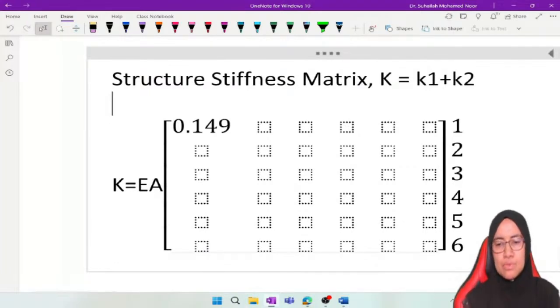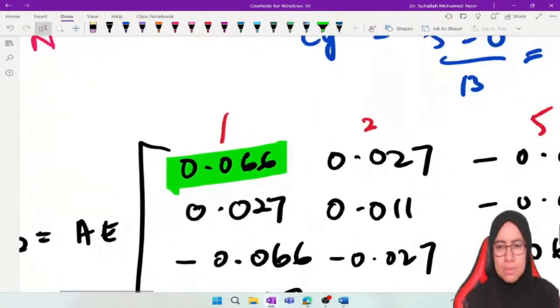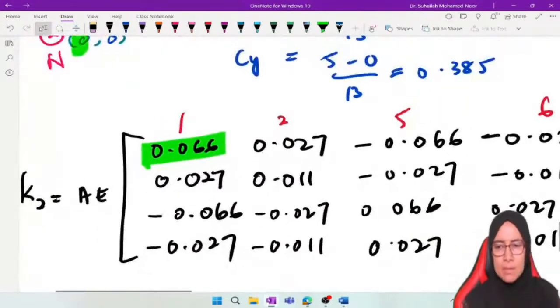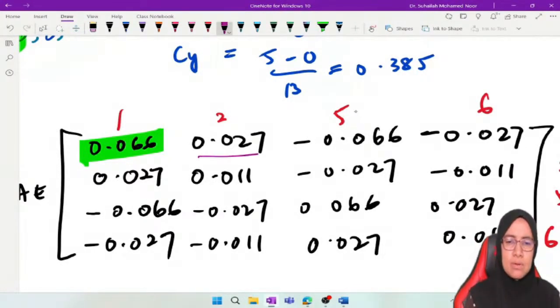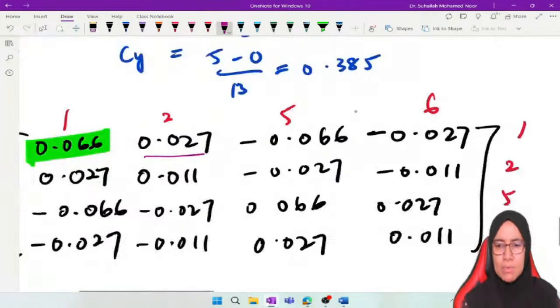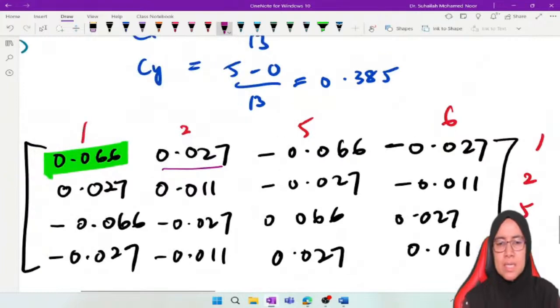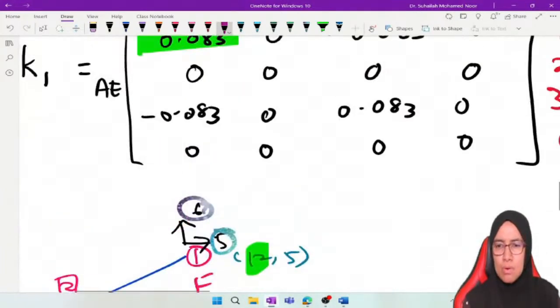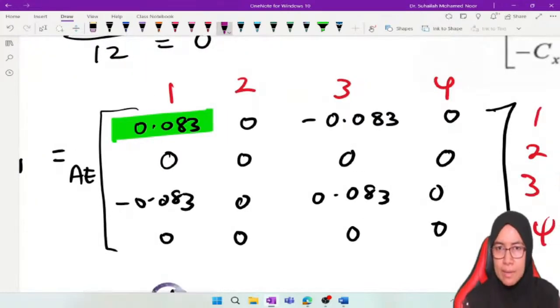Okay, next is position 1,2. 1,2 in K2 is 0.027, and 1,2 in K1 is 0, right?